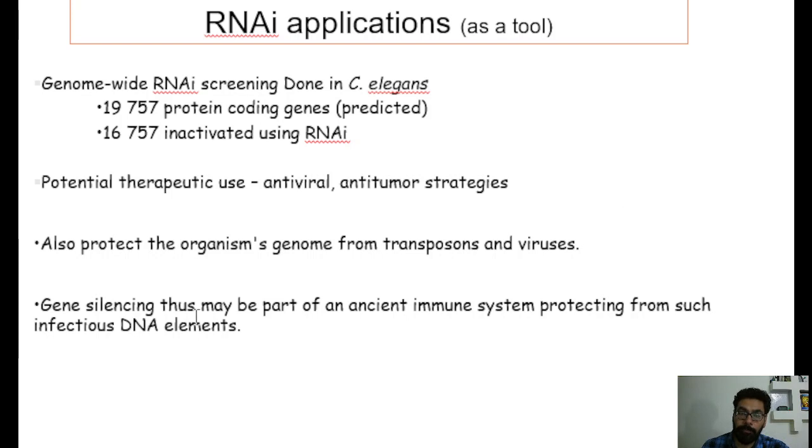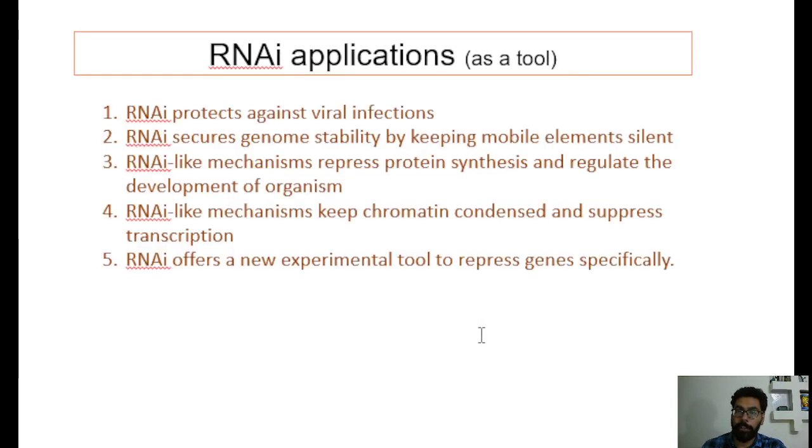Then gene silencing is also an immune system that protects from infectious DNA elements. As a tool, it protects from virus infection. It secures genome stability by keeping mobile genetic elements known as transposons silent, and the different RNAi-like mechanisms repress protein synthesis and help in the regulation of development of organisms and regulation of different genes.